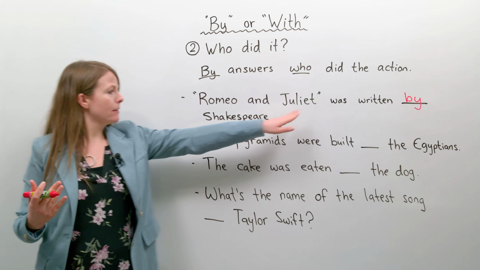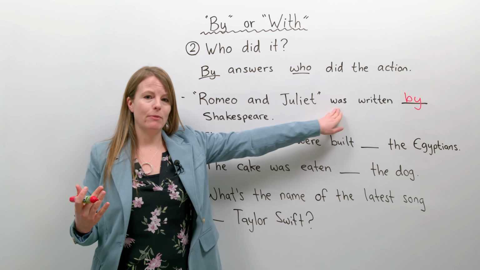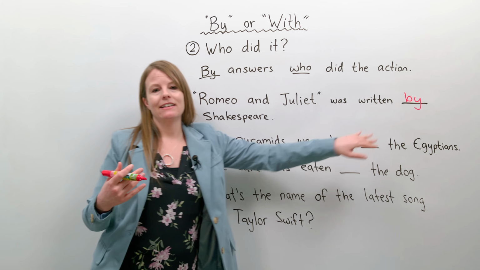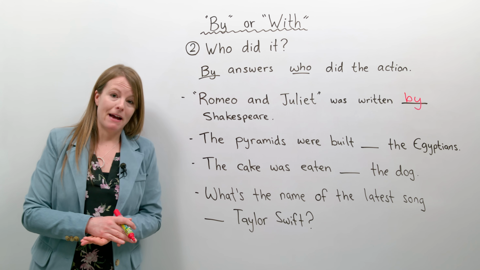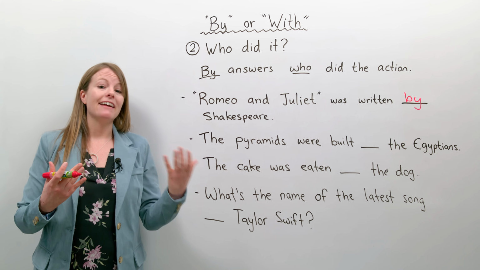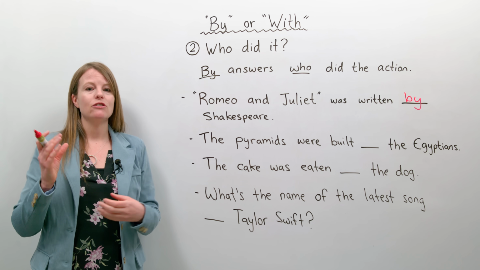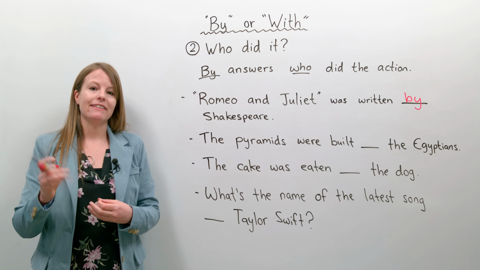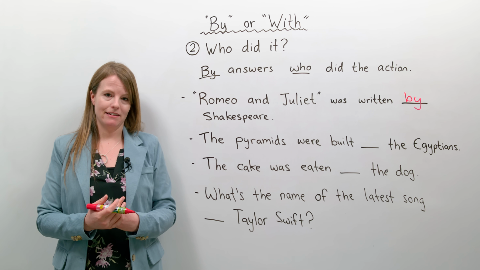You'll notice by is often used with what we call the passive voice or the passive tense. So that is where we have the be verb, and then we have our main verb like written. We have many videos actually on the passive tense if you don't know it. But the main point here is that when you're using the passive voice, we often use by, and by is used to say who did something.